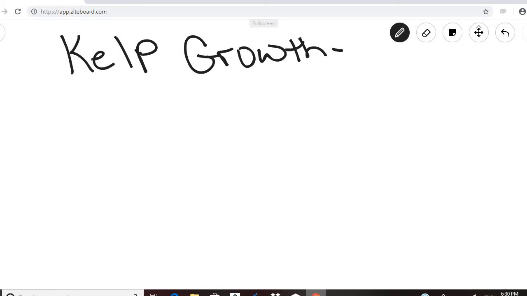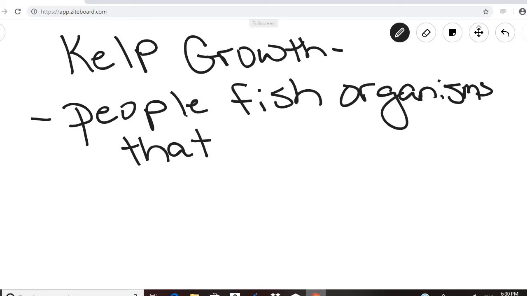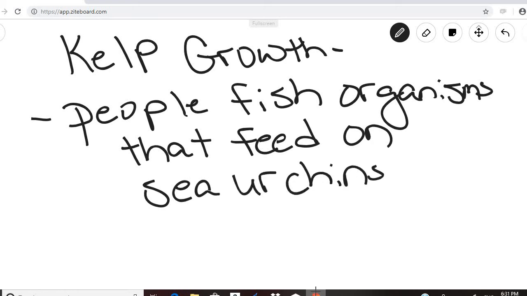And then in addition to that, people tend to fish organisms that feed on the sea urchins. So if we're removing the organisms that typically would use the sea urchins as food, then that's another means by which the sea urchin population increases.